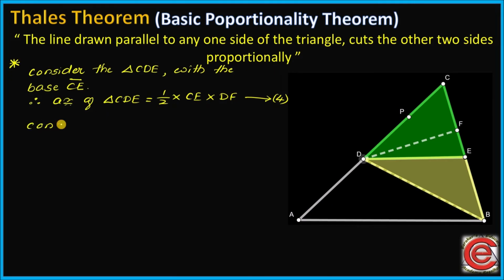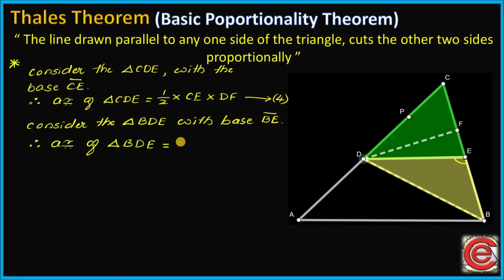Similarly, consider the triangle BDE with base BE. Again, this is an obtuse angle triangle. Therefore its height will be DF. Hence, we write the area of the triangle BDE is equal to half of base BE and height DF. Just consider it as 5. Now divide 4 by 5.